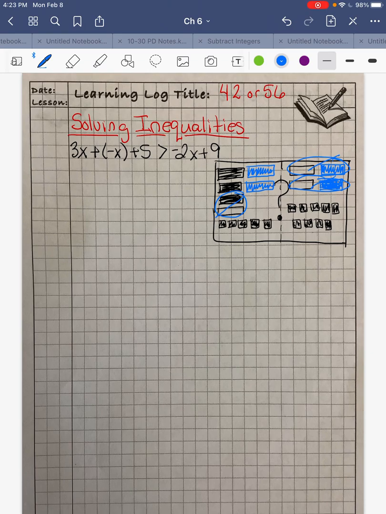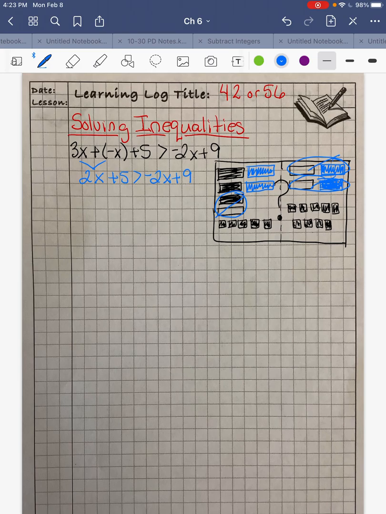I'm going to take a step back here, and we're going to write these in as we do them over on this side. My first thing that I did when I made that first 0 pair was really that subtraction step. 3x minus x is 2x, and plus 5 is greater than negative 2x plus 9. Then I added those 2 x's to both sides.